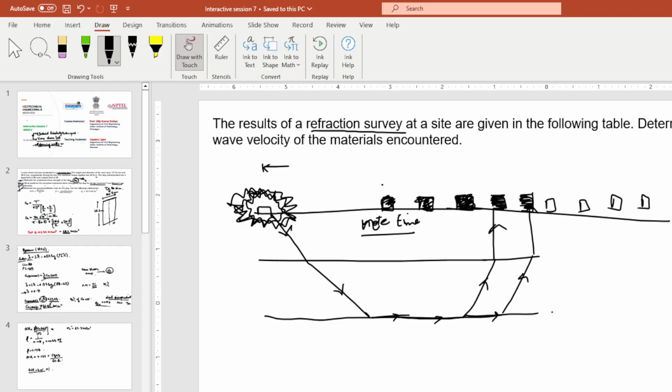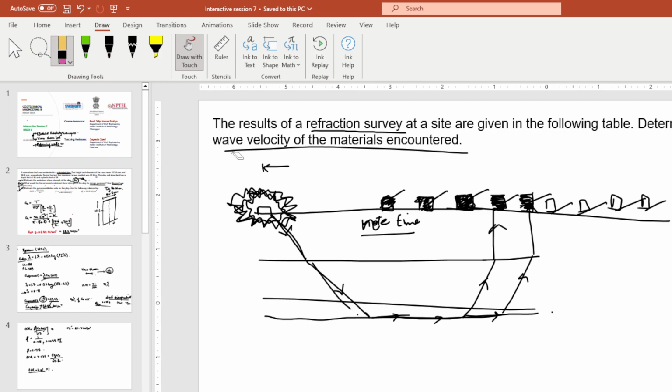Okay. So at every receptor, you will know the time of arrival of the wave. So from that data, how do you determine the thickness and the P wave velocity of the strata that are encountered by this soil? Okay, so let us do that.